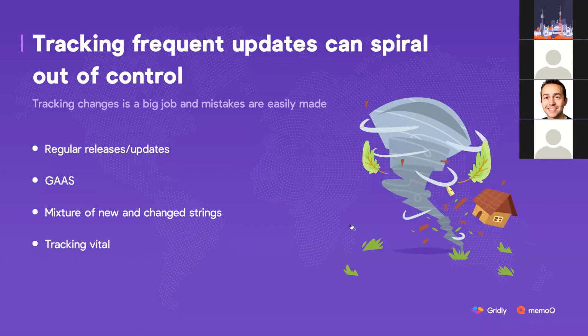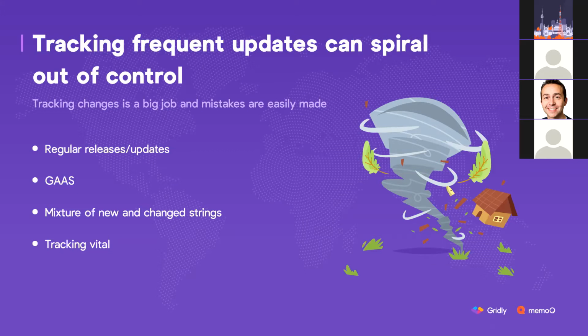Okay, so again, we've got regular releases now. More and more games are moving to the games as a service model. And so it's very, very important to ensure that those frequent updates are kept under very close control. This is where you need a system that allows the freedom for things to be pushed and pulled in the easiest way possible, but also ensures that those things are always monitored.